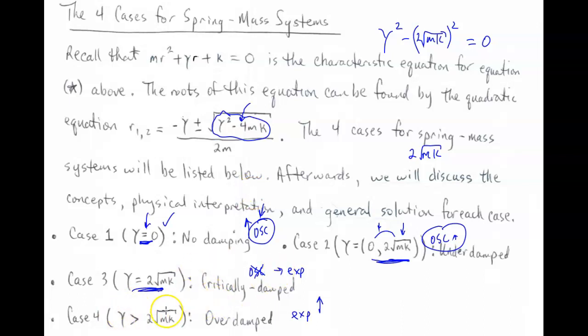And then case 4 is purely exponential. The material is so thick that if you apply a sudden impulse external force on the system, it's just going to decay away exponentially. There'll be no going back and forth of the mass as it decays.